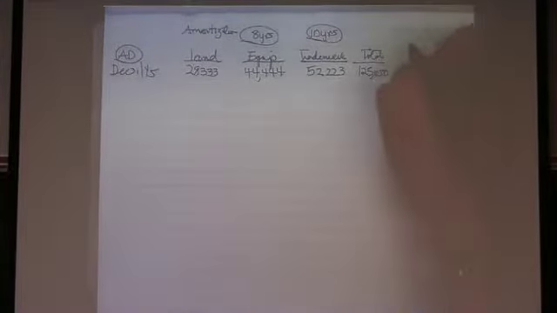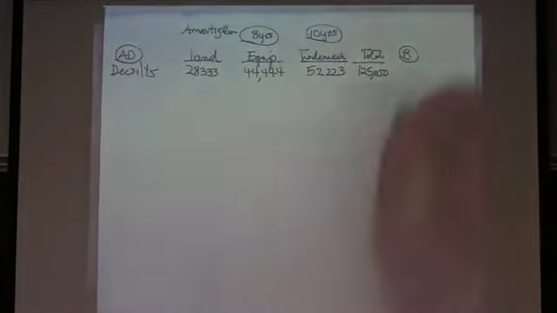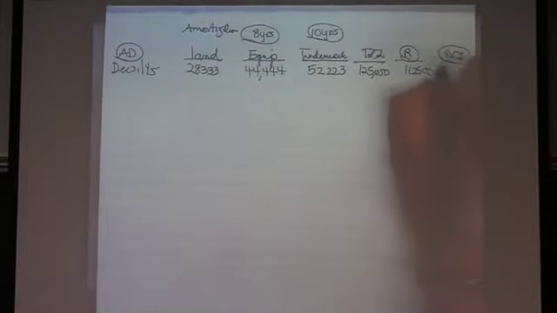Now, the total of this gives us 125,000, which we know is the total of the AD. How much goes to Regent? Well, we know at this point it's 112,500. And how much goes to NCI? We're told that was 12,500.